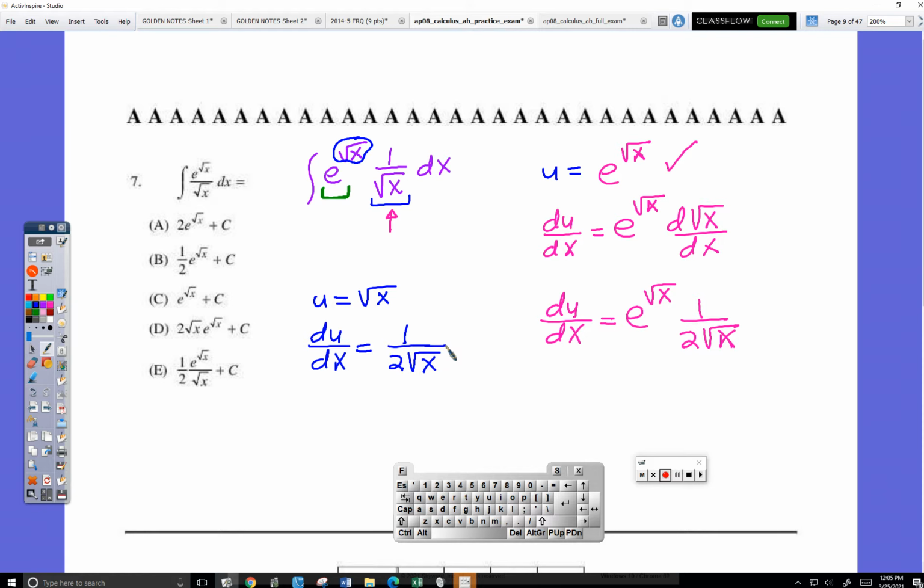Wouldn't it be 1 over 2u? You can think of it that way. That's not going to help me, but it is true. Where did the 2 come from? Oh, just the rule. The derivative of the square root of something is 1 all over 2 times the square root of the something. Yes, definitely.